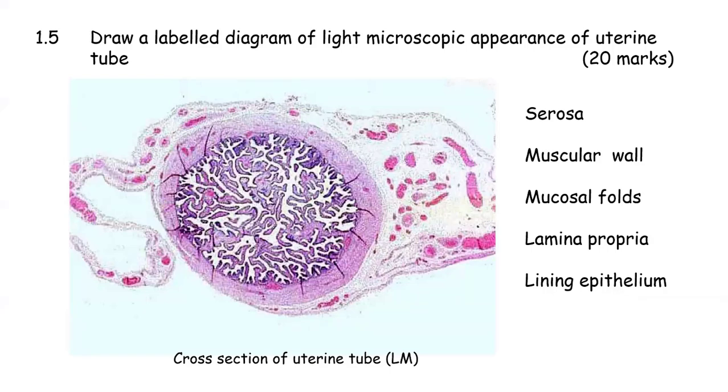Last part of this question. Draw a labeled diagram of light microscopic appearance of uterine tube. 20 marks again.